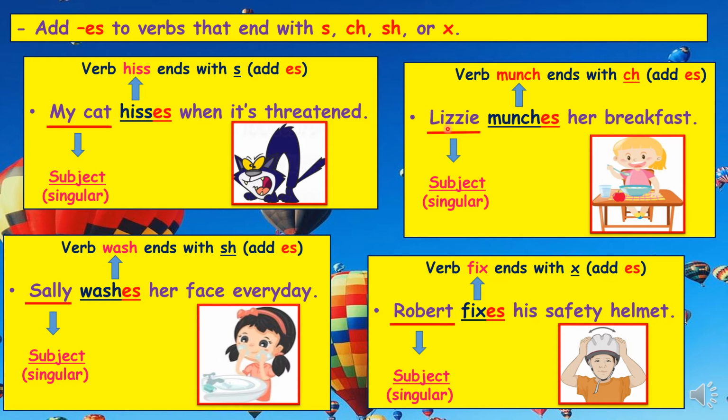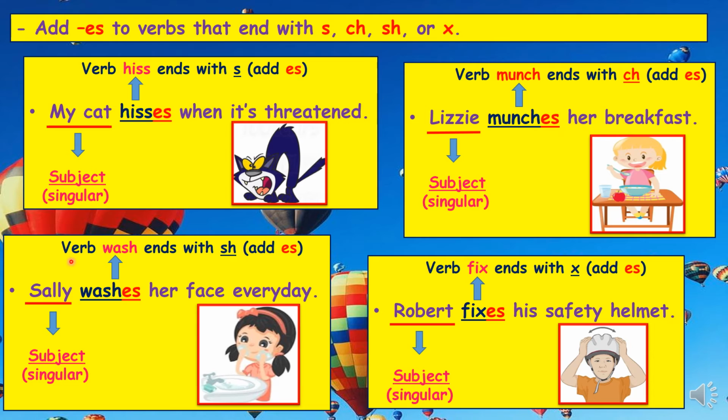Another example, Lizzie munches her breakfast. Lizzie is the subject. What does Lizzie do? Munches. Also here, it's originally munch, and we shouldn't add only s, we should add es because it ends with ch, so that's why we add es.